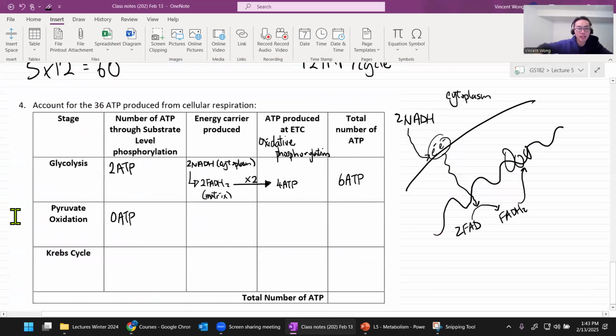Okay, energy carrier, we would have 2 NADH per glucose. These are already in the matrix. So we don't need to do this transfer of electron. Right? It can go directly to the ETC. So we're going to multiply by 3. 3 times 2 is 6 ATP. 6 plus 0 is 6 ATP.